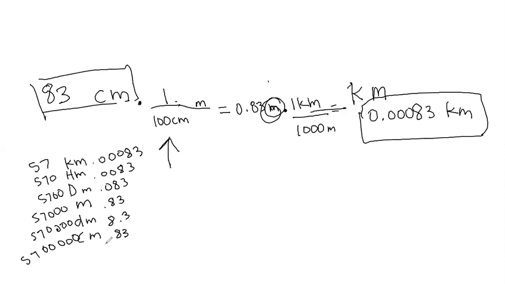So you can count: we're jumping 5 places up, so we move the decimal 5 places that way. Or we're going 5 places down, so we move the decimal 5 places the other direction.